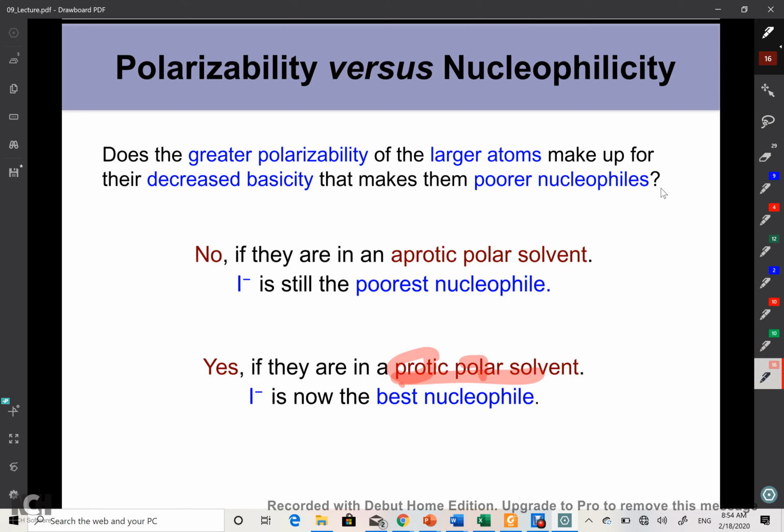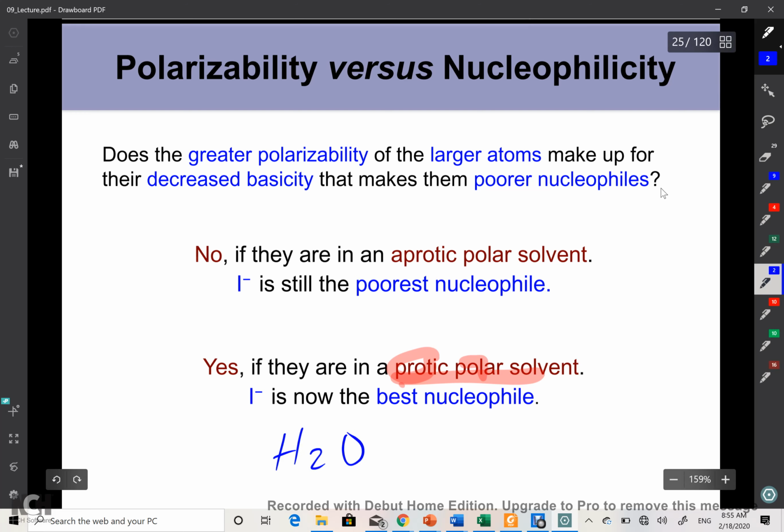So, for example, if I have a solvent like water, H2O, that's an example of a polar protic solvent because it contains a hydrogen and the oxygen-hydrogen bond is a polar bond. Water is an example.